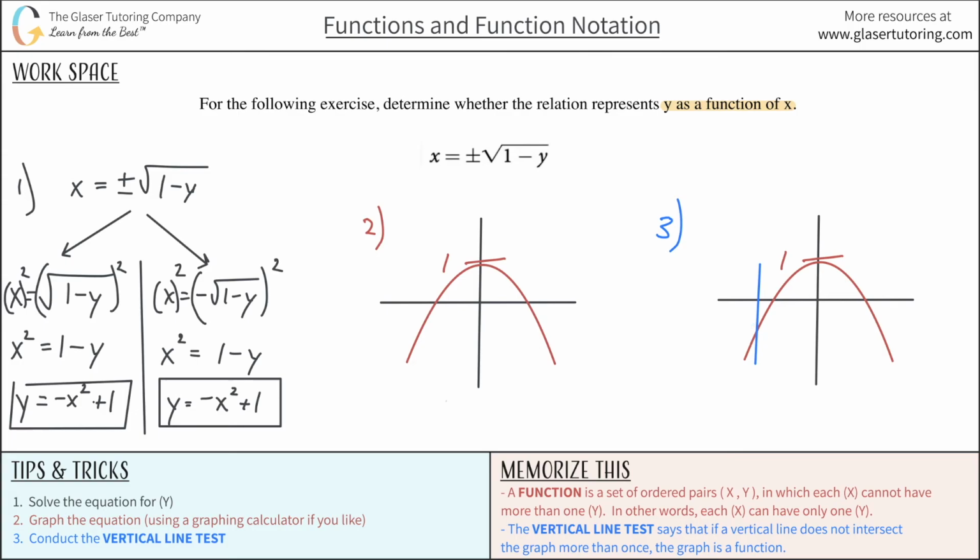I draw a vertical line here, it only intersects once. Here, it only intersects once. Vertical line here, only once again. No matter where I draw this vertical line, it will only intersect this quadratic graph once. Therefore, since it only intersects the graph once, it is indeed a function. So the original equation that was given to us is indeed a function.